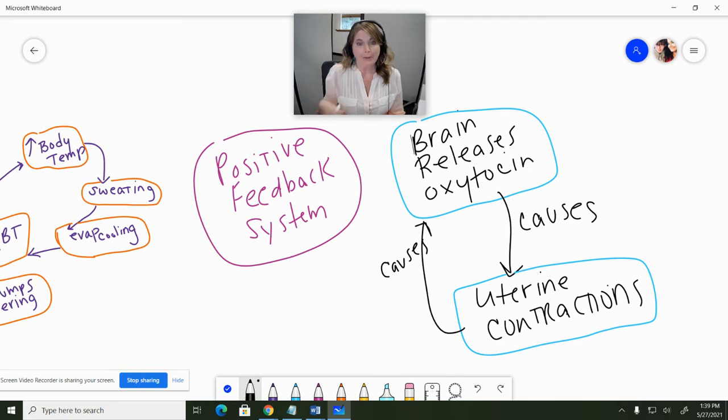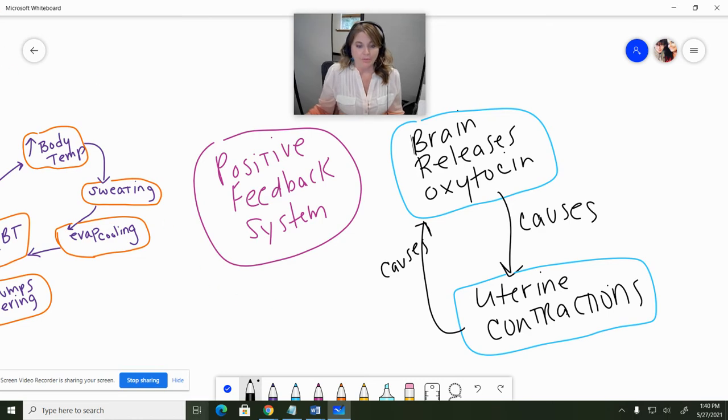The position of the baby initially is what probably triggers the brain releasing the oxytocin, and so being delivered removes that initial stimulus. So then you no longer have contractions taking place. That's an example of a positive feedback loop because one is actually causing the amplification of another.